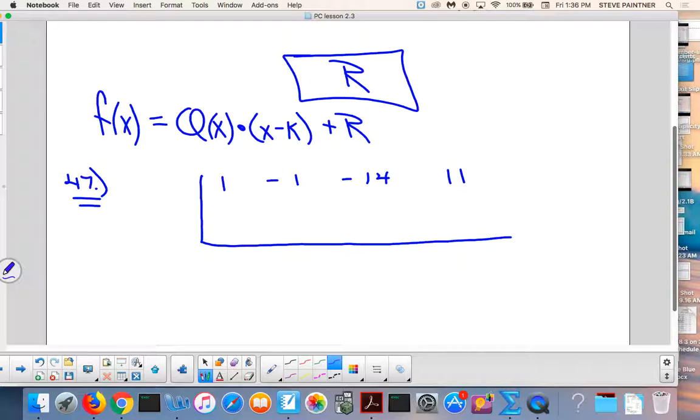So what do I put out here? 4. Guys, didn't it say divided by x minus k? And then later in the back of the problem, it said let k be 4. So if you're dividing by x minus 4, what goes out in front is 4. Okay, start.